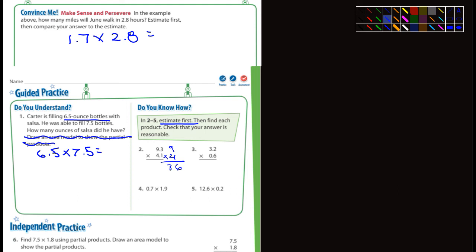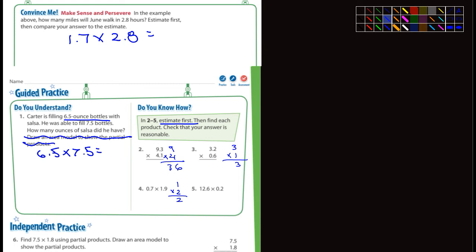Number 3. 3.2 is pretty close to 3, and 0.6 is pretty close to 1. 3 times 1 is 3. Number 4, 0.7 is close to 1. 1.9 is close to 2. 1 times 2 would be 2. These are all just estimations.